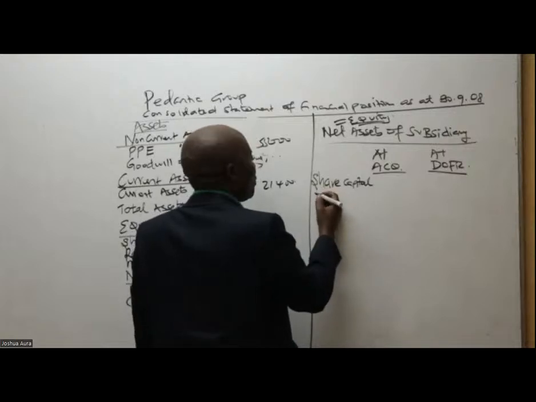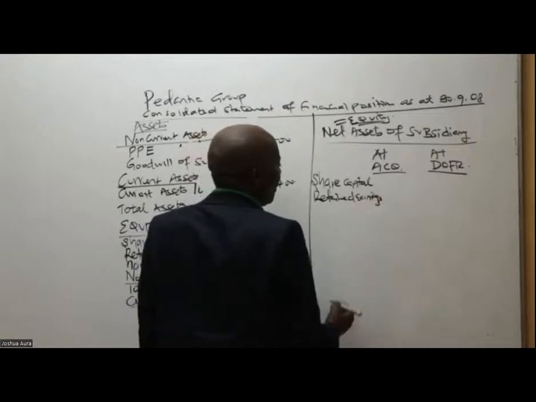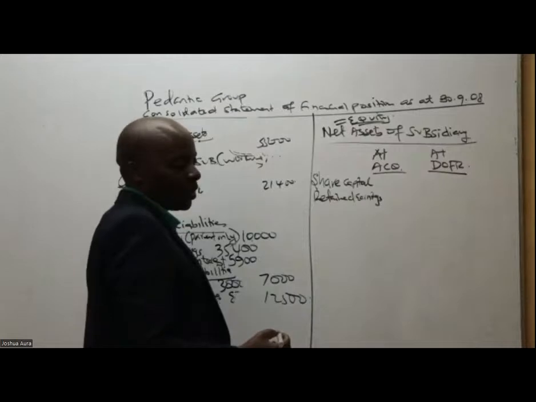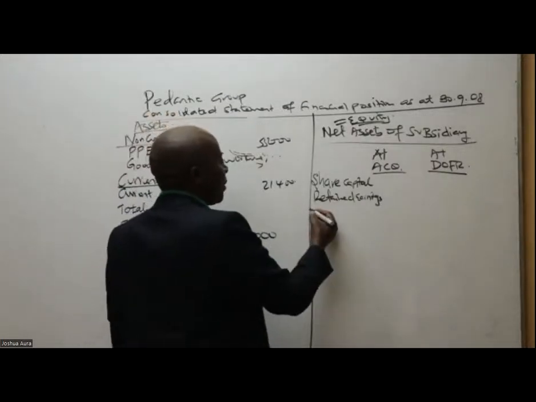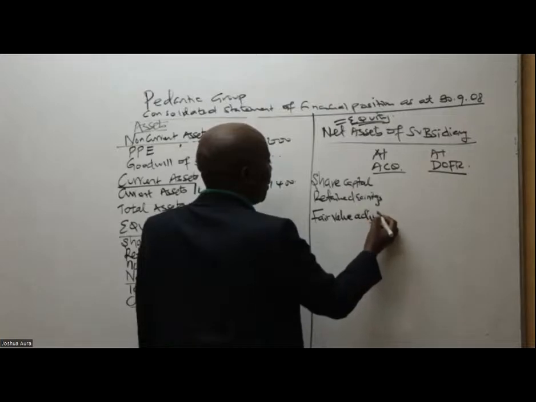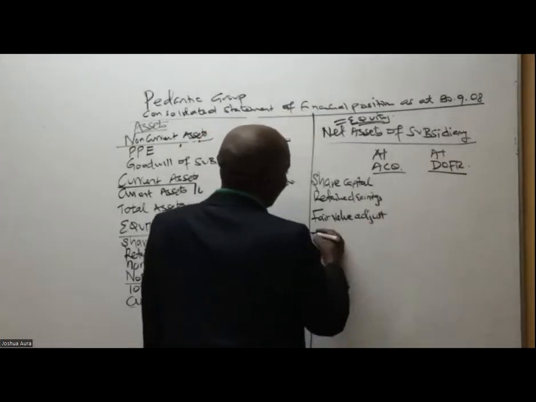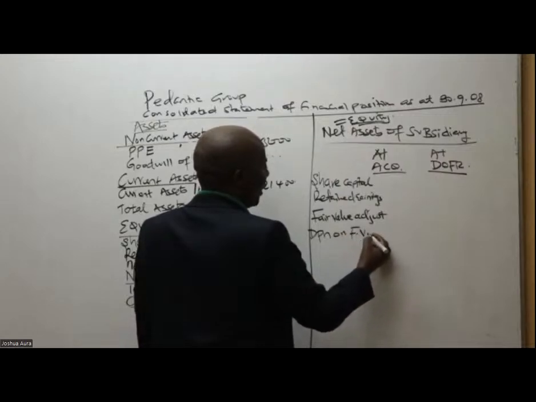We have what we call retained earnings, these are shareholders' monies. Then we have fair value adjustments, and then we have the depreciation on fair value adjustment.